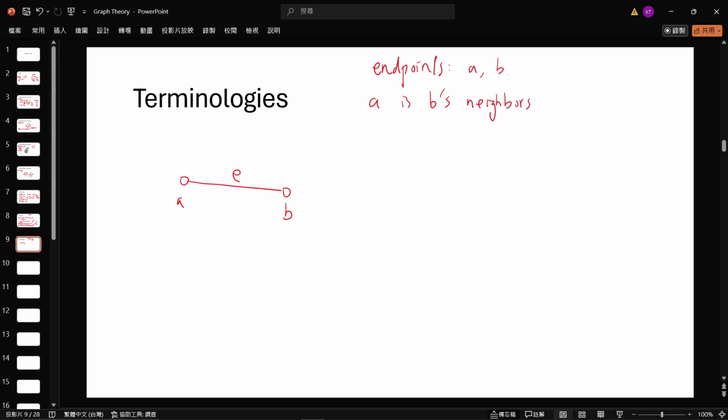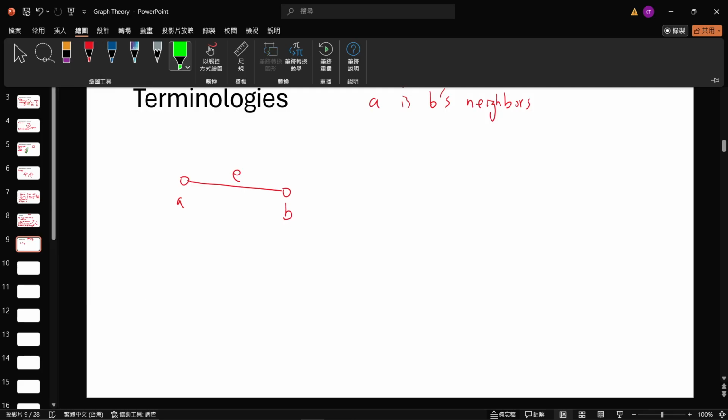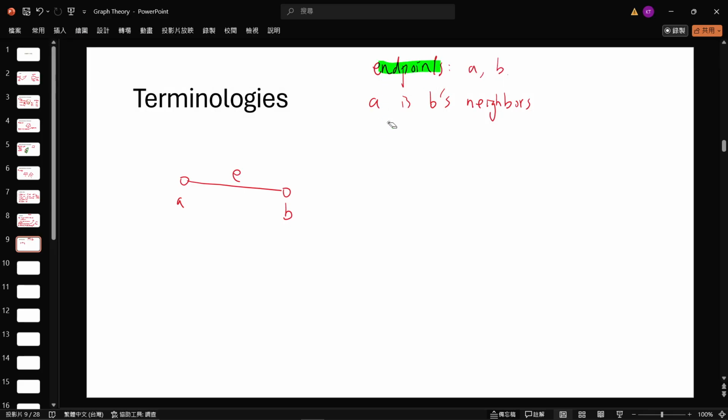I'll just highlight the keywords that I want to stress here: endpoints, neighbors. Similarly, B is A's neighbor.